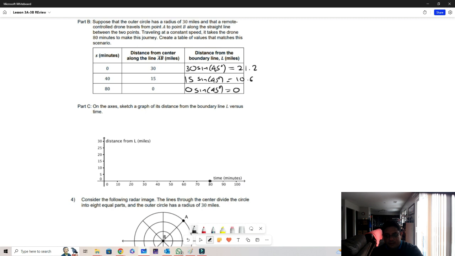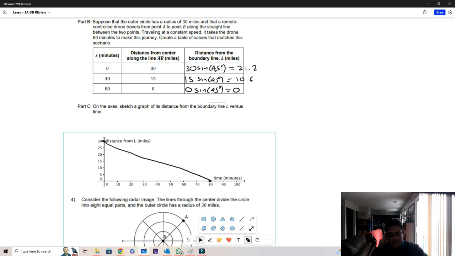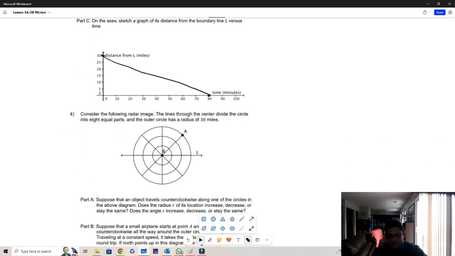And initially, when we are at 0, we have 30. So we can make a line between those two points. Okay, and this is going to be the graph that represents that.